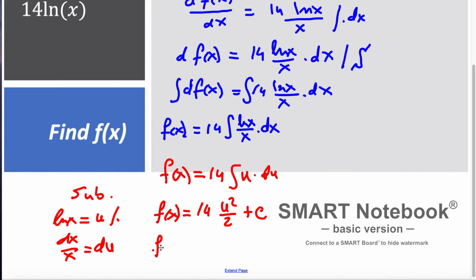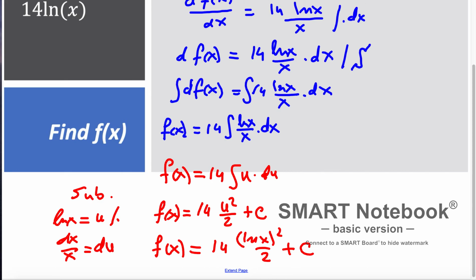And now f of x is going to be equal to 14, and instead of u squared, instead of u, we are going to substitute ln x. We're going to go back. And this is ln x squared divided by 2 plus c.